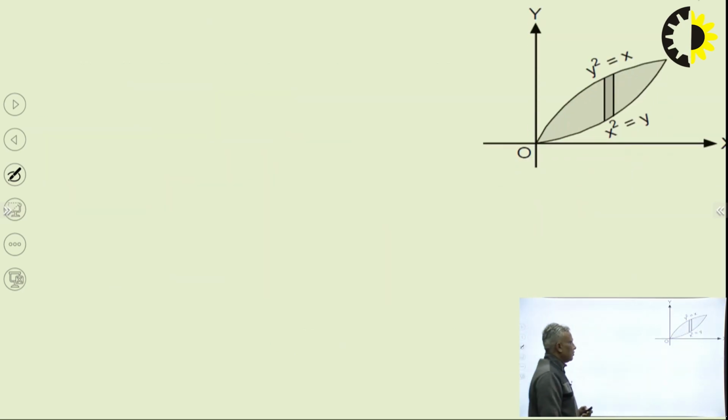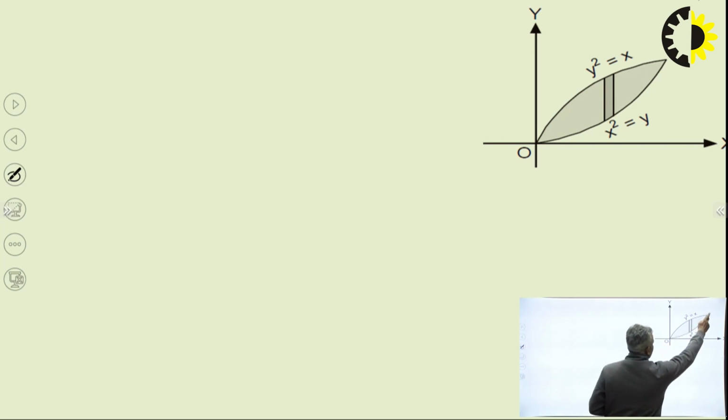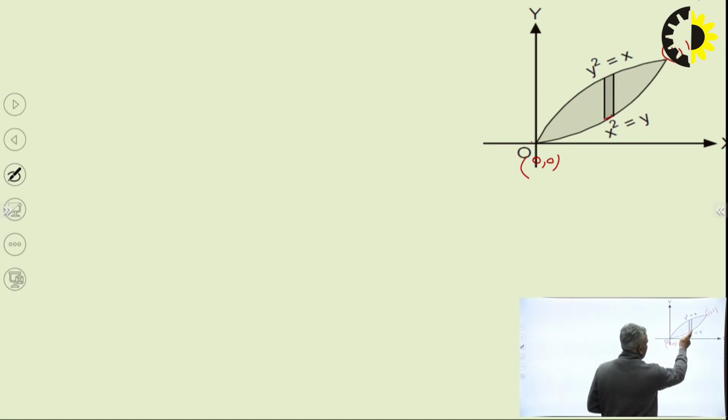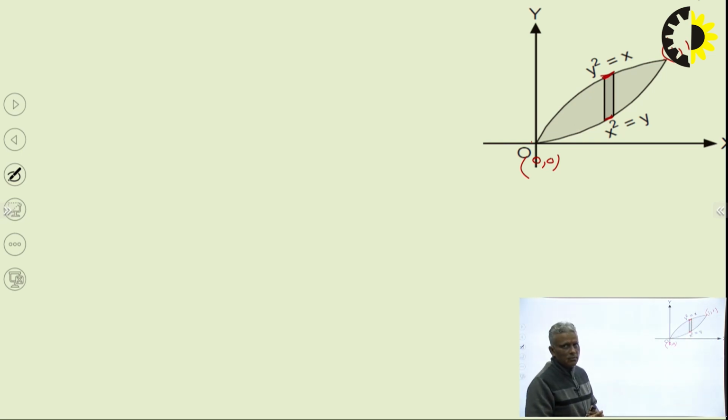First of all we draw the diagram and take the limits. This point will be (1, 1) and this point will be (0, 0), and we take a strip parallel to the y-axis. First we take the limit of y: this is the lower limit and this is the upper limit, because this touches the upper portion of the curve.